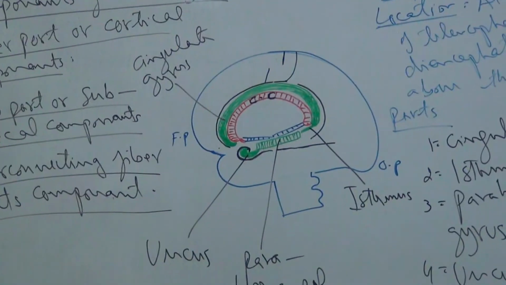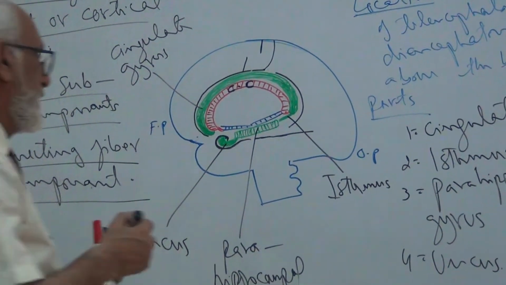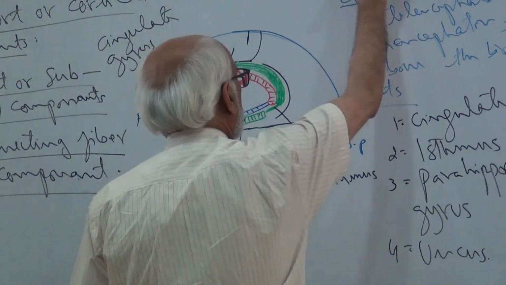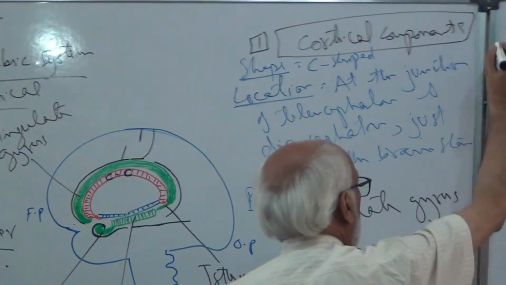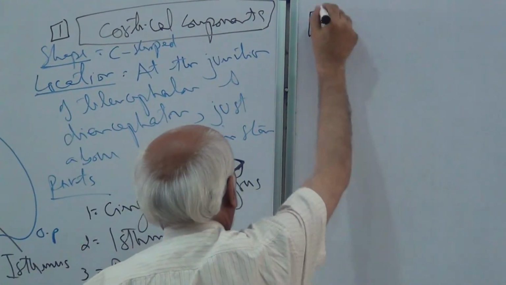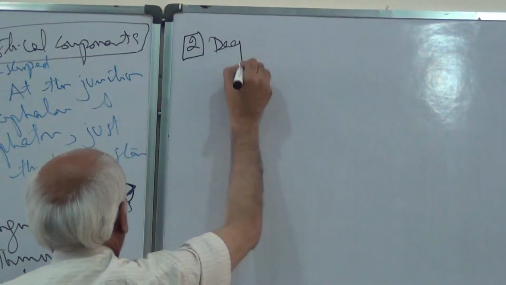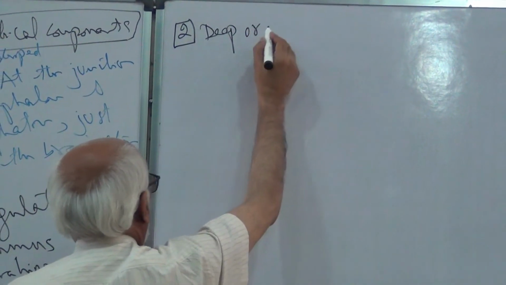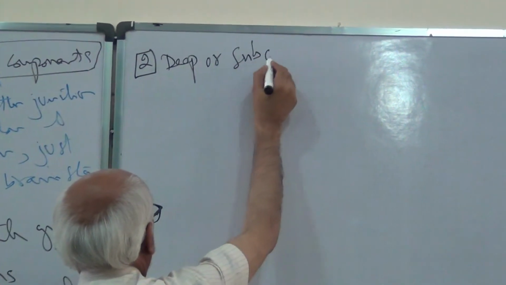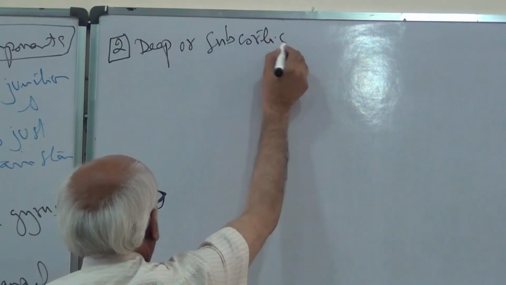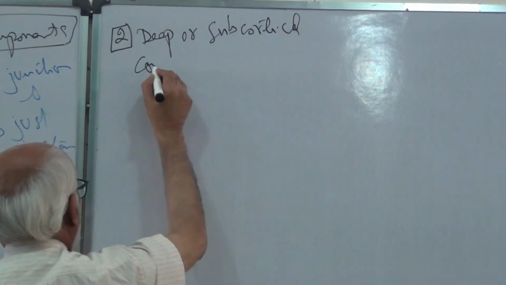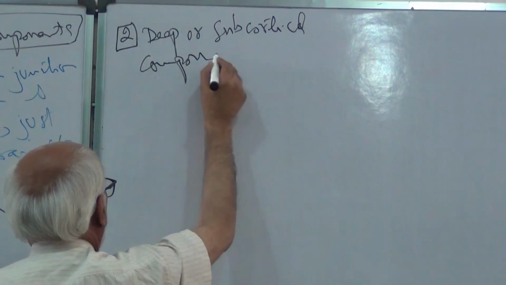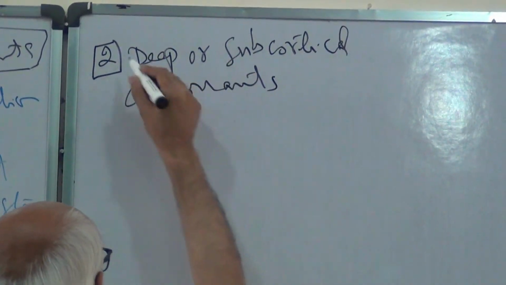Next is the deep part or subcortical components of the limbic system.